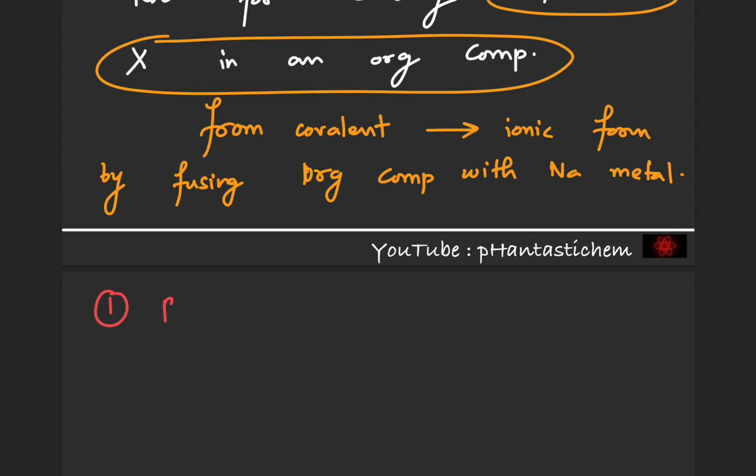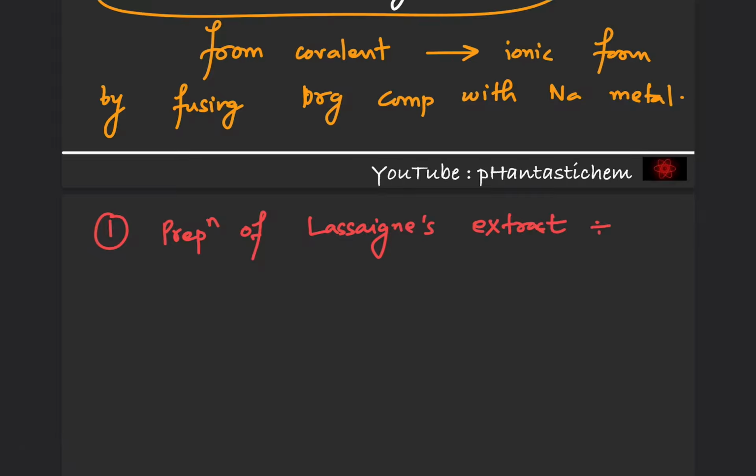First is preparation of Lassaigne's extract. Okay, so to prepare the Lassaigne's extract, what we do is we take a small piece of freshly cut sodium. So let's say this is the small piece of freshly cut sodium, and we heat it in a fusion tube.